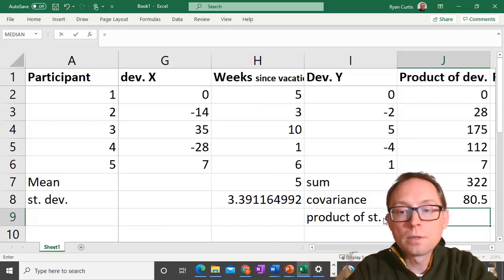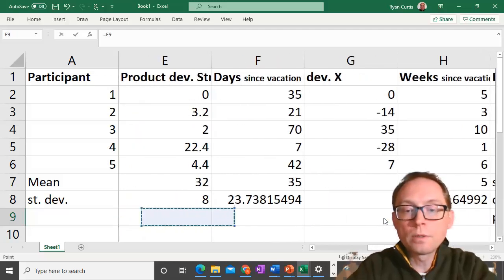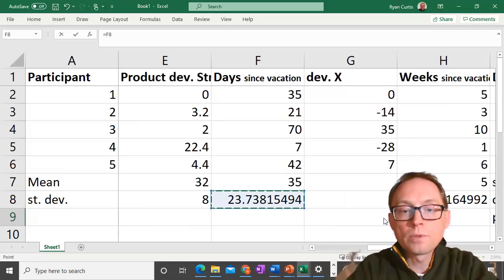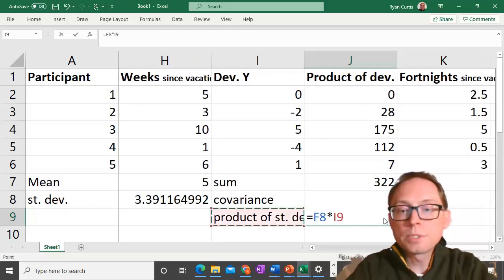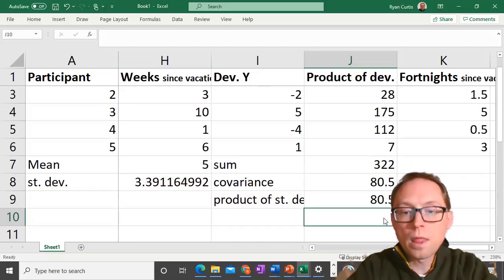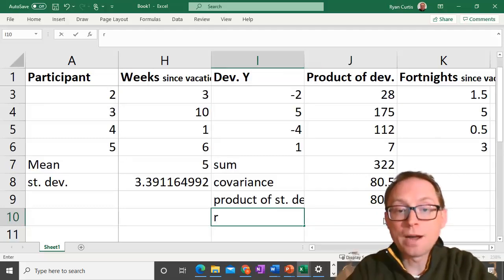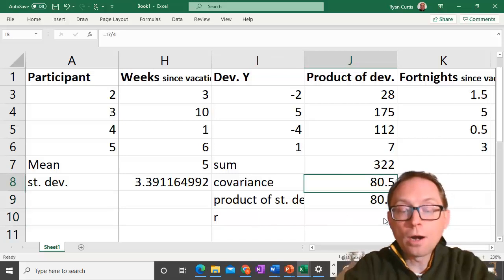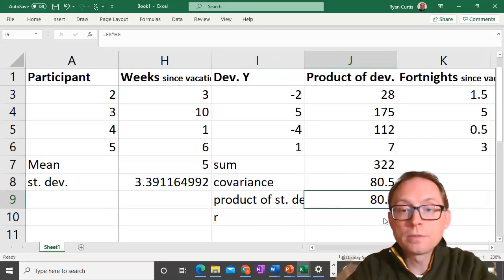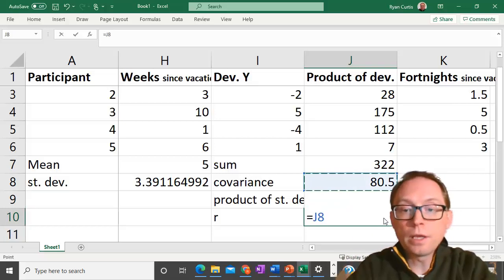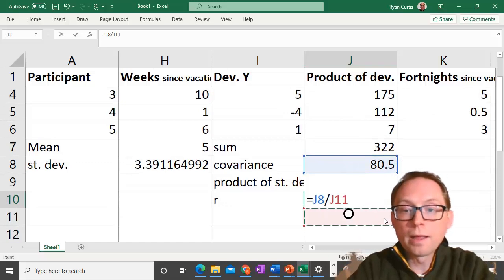So this is going to equal this, the standard deviation of days, times the standard deviation of weeks. Turns out that's exactly 80.5. r is going to be the covariance divided by the product of standard deviations. It's going to be equal covariance 80.5 divided by 80.5.